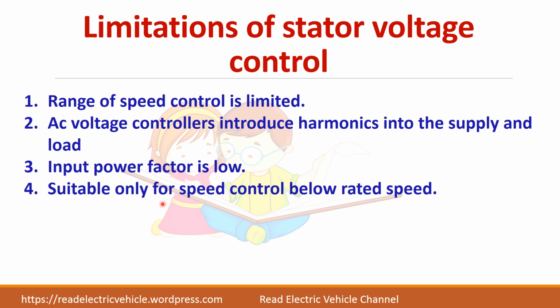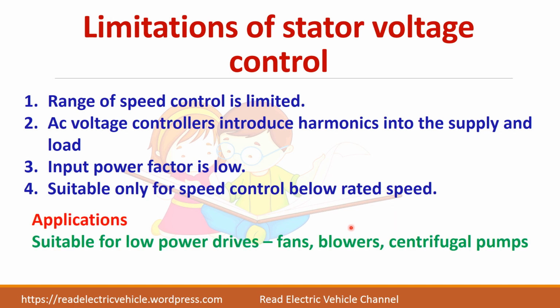So it is suitable only for speed control below rated speed. So this is used in many applications, especially for starting large motors, and it is suitable for low power drives like fan, blowers, centrifugal pumps.